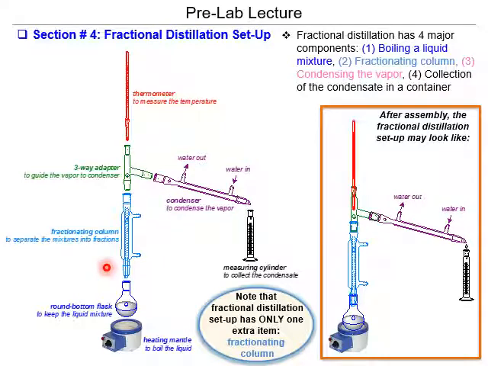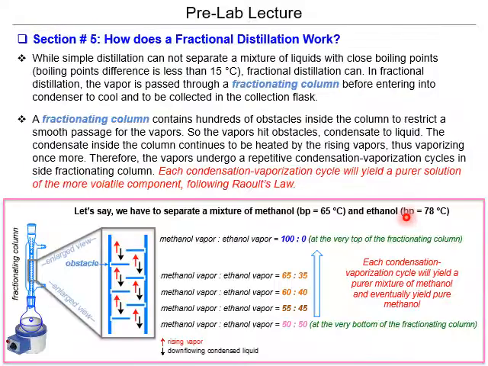The major difference between the simple and fractional distillation setups is the fractional column. While simple distillation cannot separate a mixture of liquids with close boiling points, fractional distillation can do it.